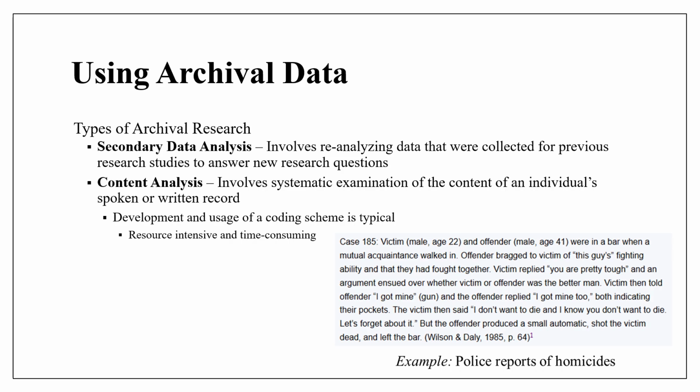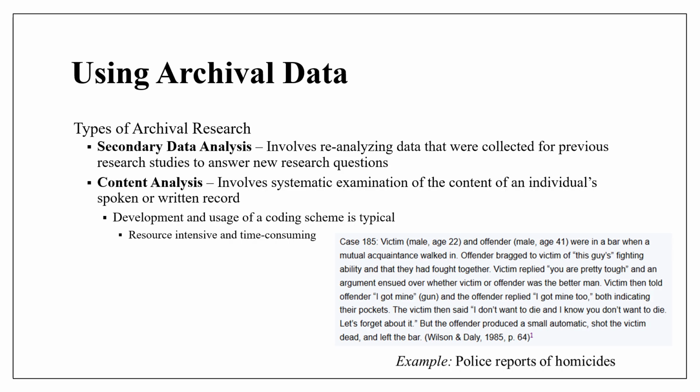In the case of naturalistic observation, the coding scheme is developed before you go out there and make these observations, whereas in content analyses, typically the coding scheme is developed before you analyze the data, but then as you're looking at the individual responses, you are improving the coding scheme based on what you're actually noticing from the responses that you're reading. This process is resource intensive and time consuming.